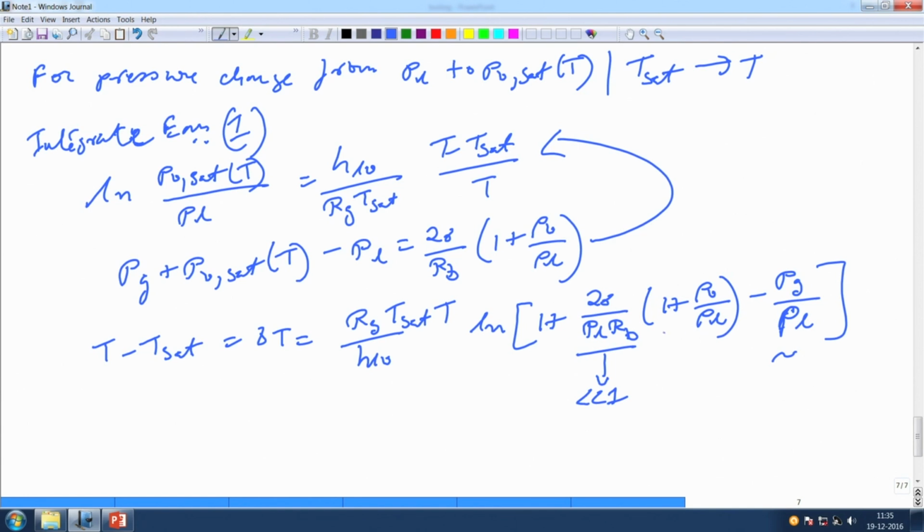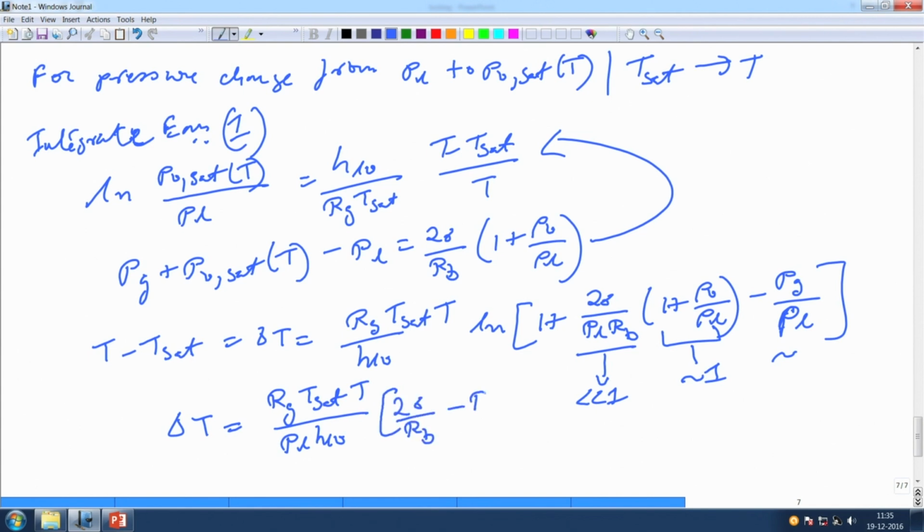This particular term over here is almost equal to 1, because rho V by rho L is a very small number. So what you get is that delta T is equal to RG T sat into T divided by PL into HLV, 2 sigma by RB minus PG.